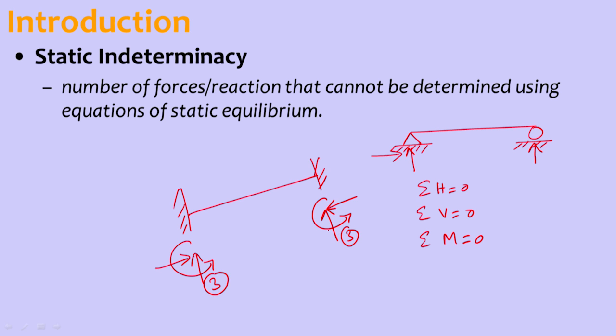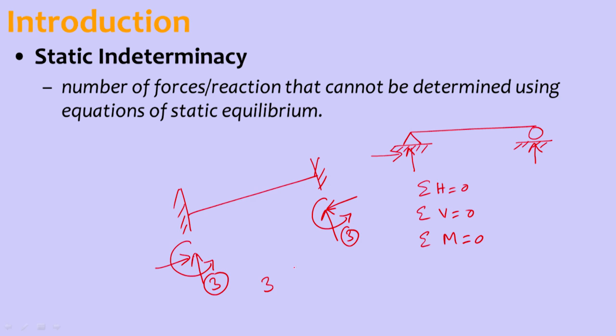Total 6 unknowns are there, but we have only three equations of equilibrium. Three equations, 6 unknowns. So this is a statically indeterminate structure. This is called static indeterminacy. Degree is 3.